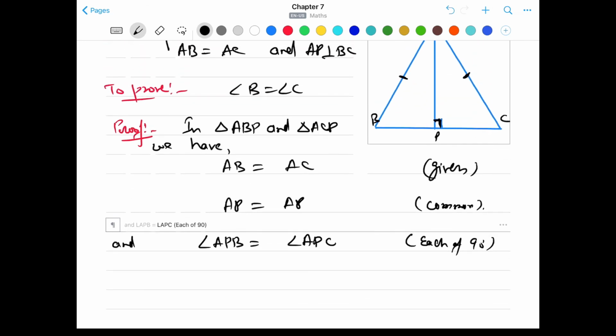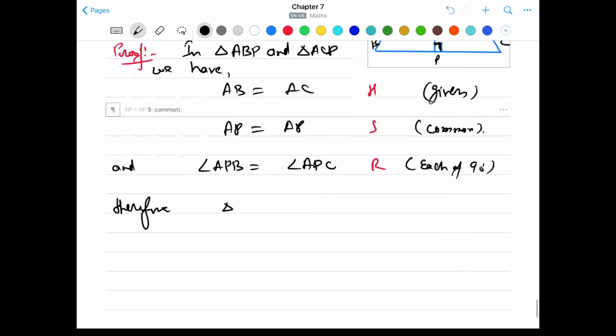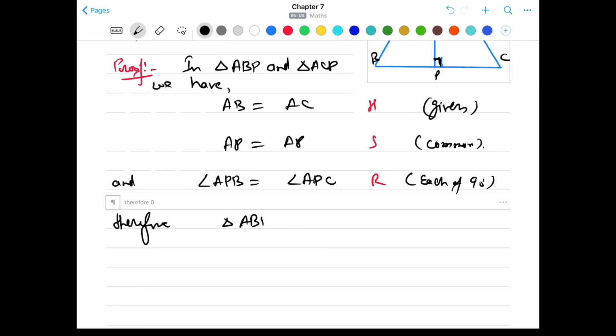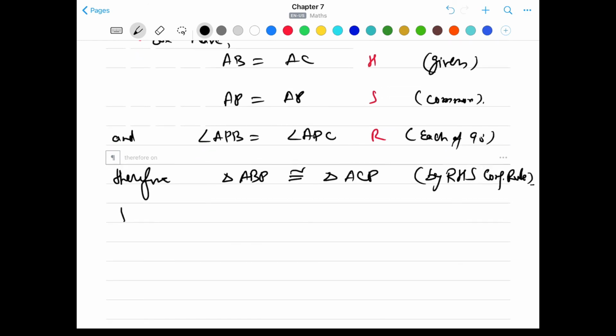So again by RHS criteria, we have right angle, hypotenuse and side. So by RHS criteria these two triangles are congruent. Therefore triangle ABP is congruent to triangle ACP by RHS congruence rule.